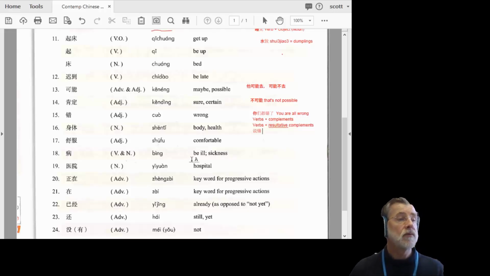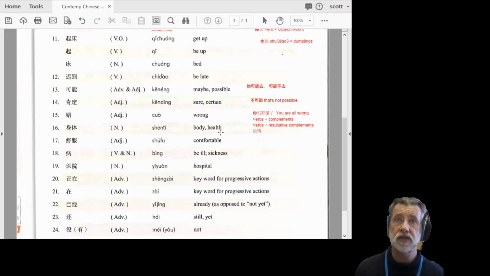Moving along, we've got body or health. So the word in Chinese is 身体. Sometimes when you're first learning Chinese, it can be a little confusing.